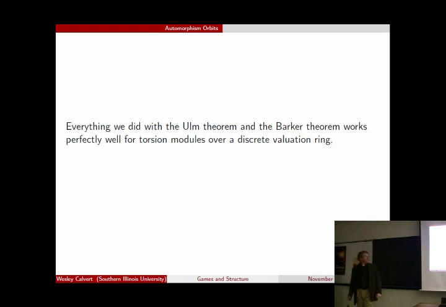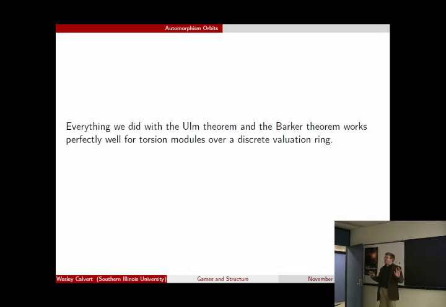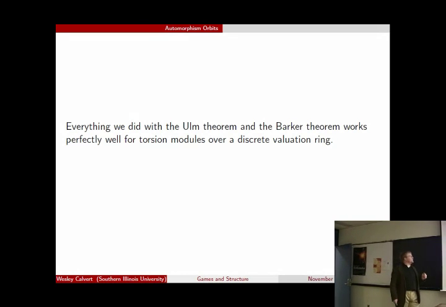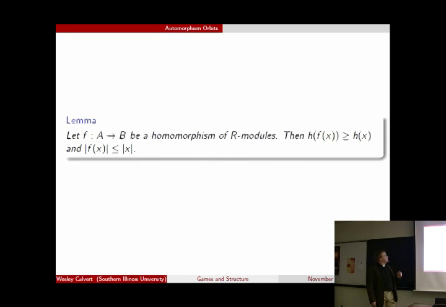Ohm's theorem works perfectly for torsion modules over a discrete valuation ring. Barker's theorem characterizing when the isomorphism player can win the back and forth game works for torsion modules over a discrete valuation ring. Don't need that. What I need is the theorem.